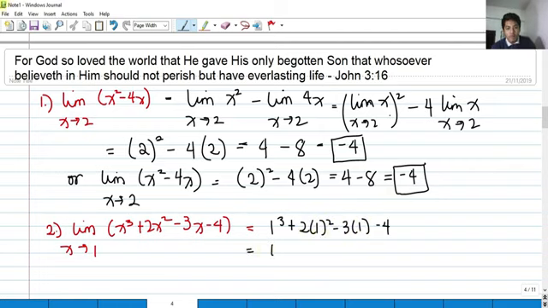So we have 1 plus 2 minus 3 minus 4, and our answer again is negative 4. If you use the addition and subtraction properties and distribute the limit on each term, you will still get the same answer.